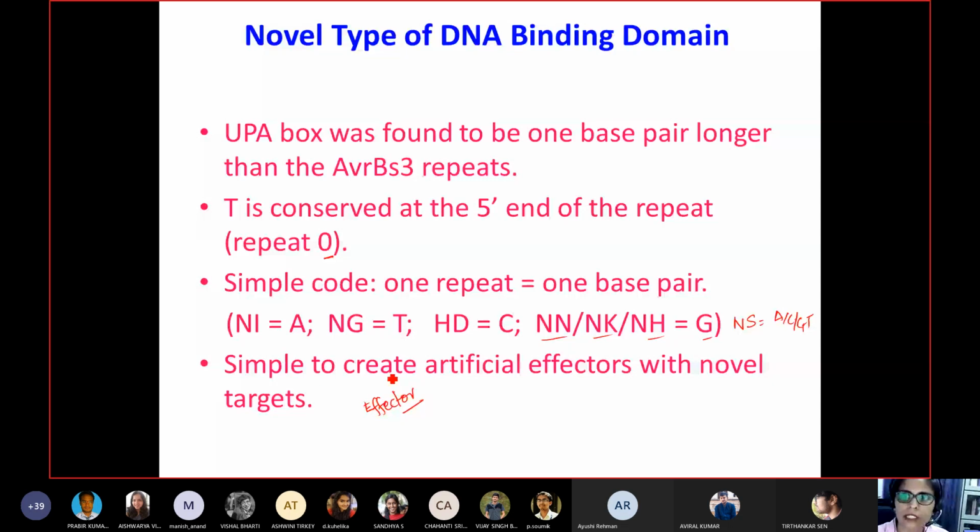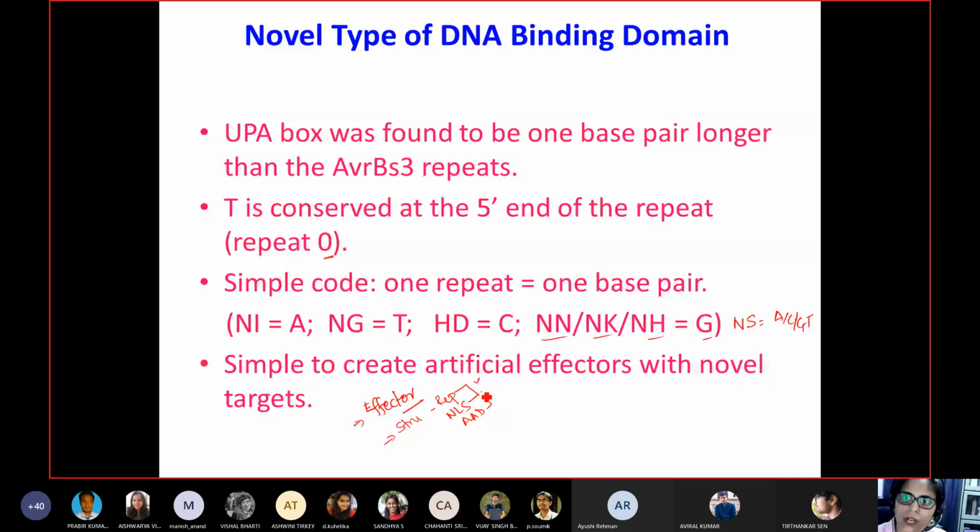Then we have seen the effector structural domains, so it has repeats, it has NLS, and it has acidic domains at the terminals. All these were characterized by deletion and swapping experiments, and it was found that the repeats, NLS, and AD are important for the hypersensitive response.